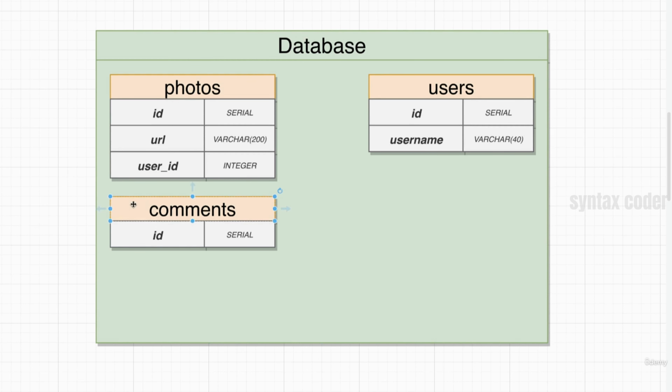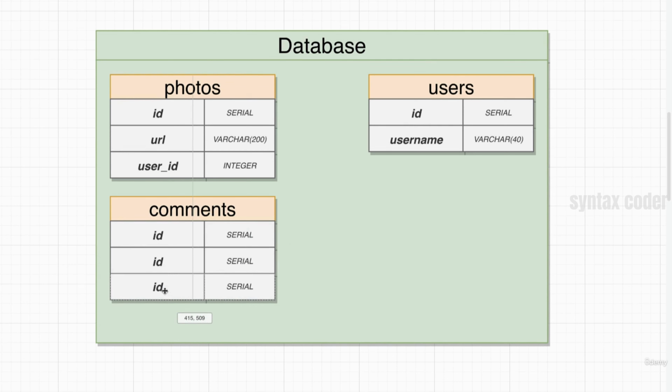So without a doubt, our comments table is going to need an ID column, just so we can refer to any individual comment. We're then going to need two other columns at least to set up some kind of relationship with photos and users. So I think that this second column right here, maybe we will call it photo ID, and that will be a reference to the ID of the photo that this comment is for.